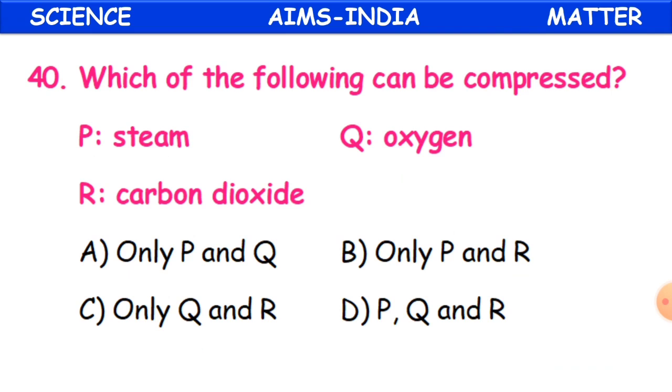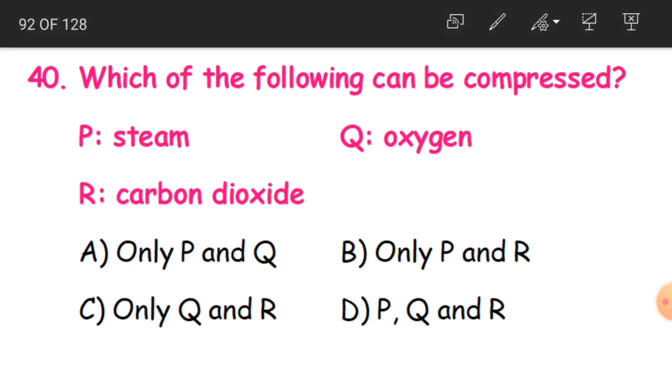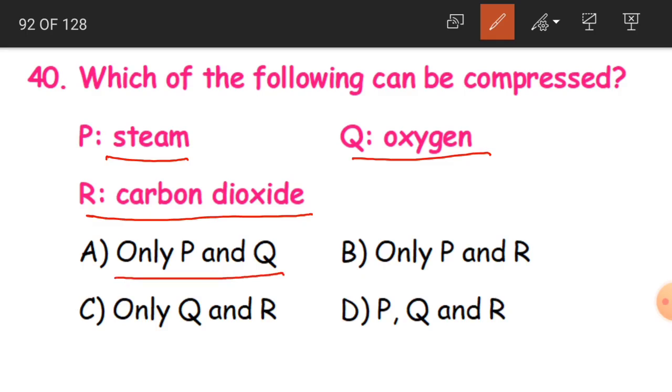Clear? 40th question. Which of the following can be compressed? P is steam, Q is oxygen, R is carbon dioxide. Is it only P and Q, steam and oxygen?